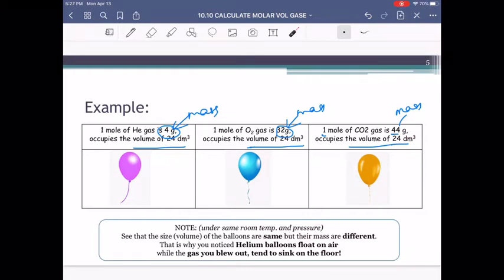Do you notice that the size of the balloons are the same, but the masses are different? If you remember party balloons, the helium balloons tend to float in air, while the gas you blew out tends to sink to the floor, because mostly what you blew out is nitrogen and carbon dioxide and other gases, which are heavy. We don't have helium here. Next.